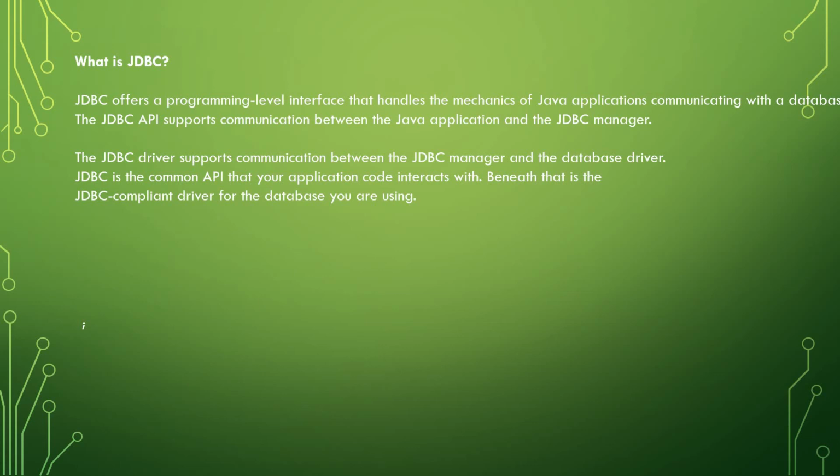So the JDBC manager can communicate with your application and it also has to communicate with your database. It does so through APIs and through the drivers of the database.